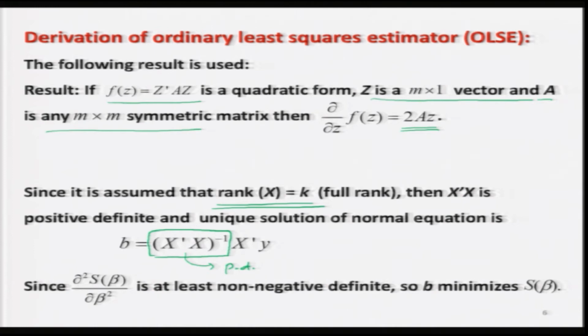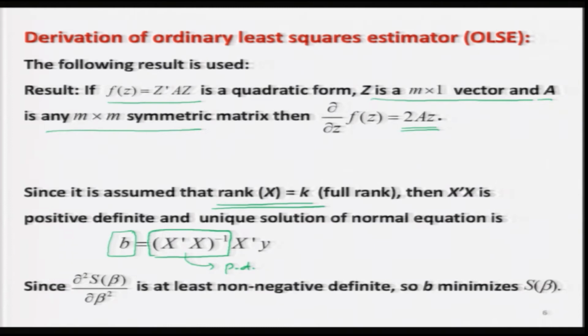So, by assuming that rank of X is equal to k, we can ensure that X transpose X matrix is a positive definite matrix, and hence the inverse will always exist, and thus the least square estimator of beta can be obtained by b.